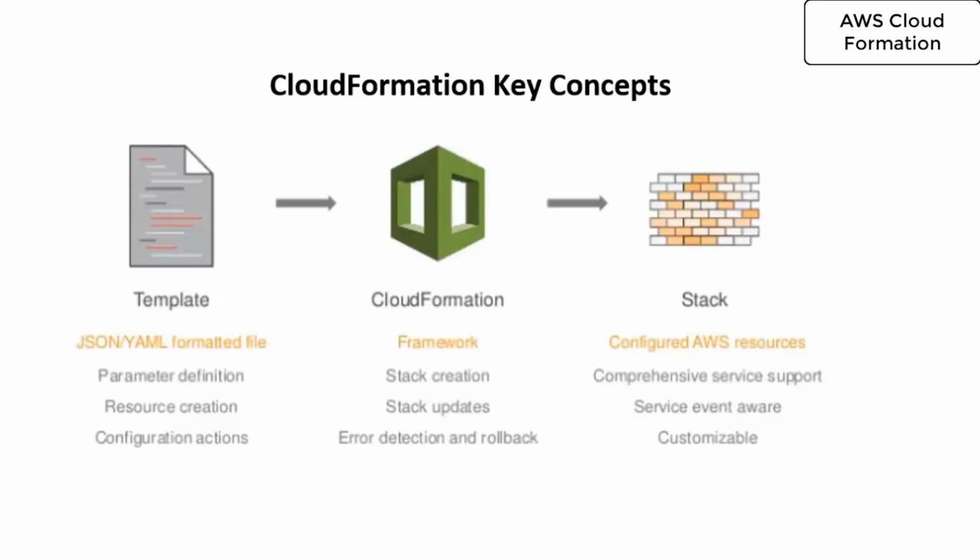So CloudFormation framework, as you see in the figure, it's saying it takes care of stack creation and stack updates and error detection. And so there are multiple scenarios that are possible by deploying resources through CloudFormation. So the first thing is whether your resources, the stack, has been successfully deployed or not.